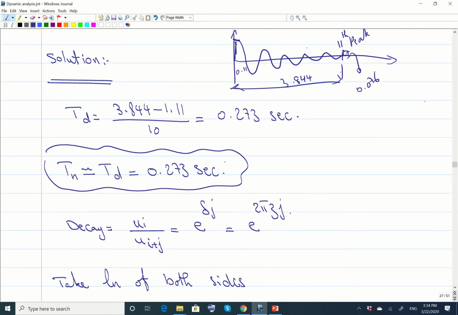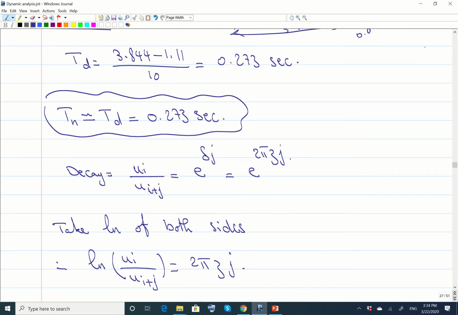So we know the decay in one cycle, ui divided by ui plus 1, is e power lambda. The decay in j cycles, ui divided by ui plus j, j cycles after this one, is e power lambda j, and lambda is 2 pi zeta with the approximation, or 2 pi zeta divided by square root of 1 minus zeta square, times j.